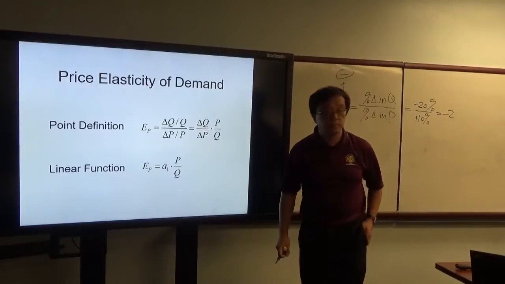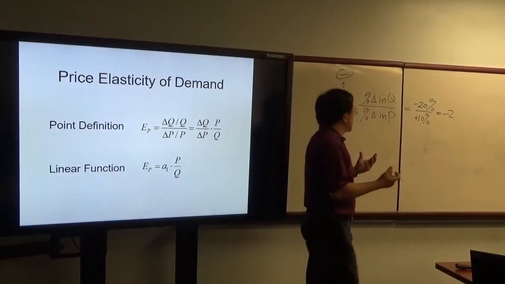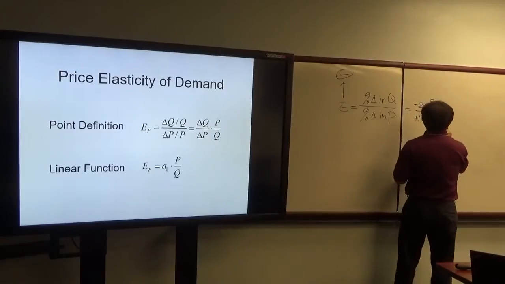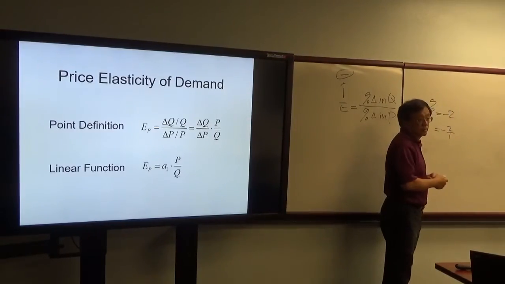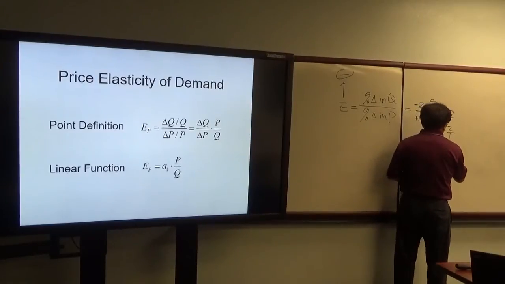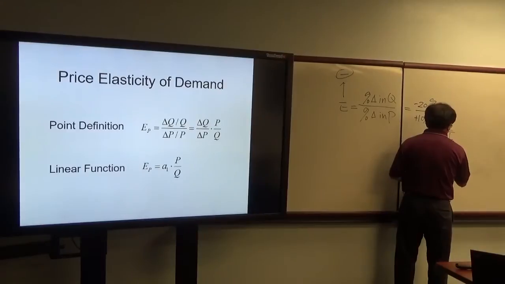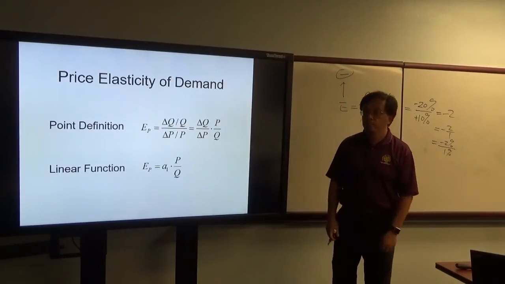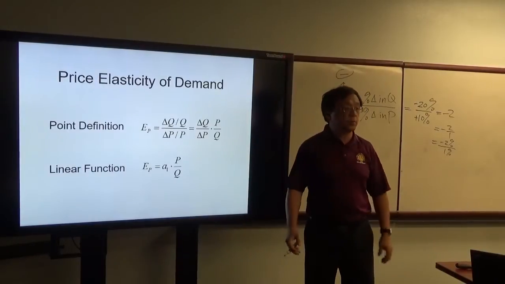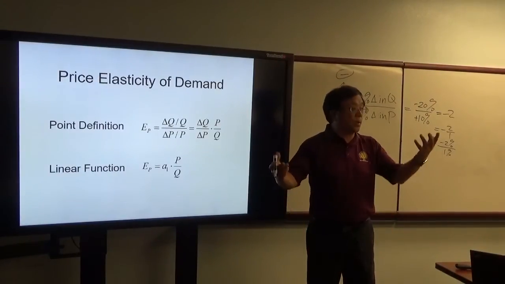But -2 means what? -2 divided by 1, or -2% divided by 1%? So if you increase the price by 1%, what happens to the quantity? It decreases by double, 2%.